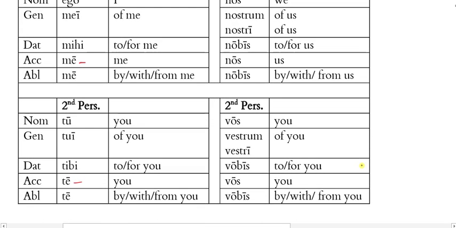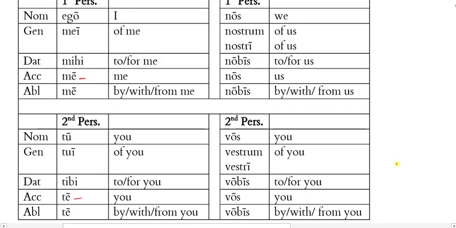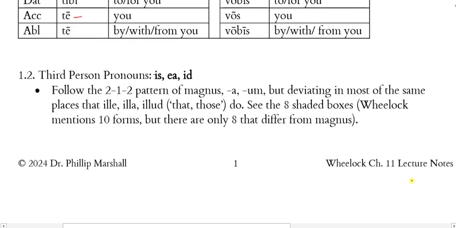And you've also learned some possessive adjectives, and they are related to some of these words as well. So meus, tuus, noster, and vester are possessive adjectives, my, your, our, and y'all's. And they're related to some of these forms that you see here as well. All right, we'll talk about those in just a minute.